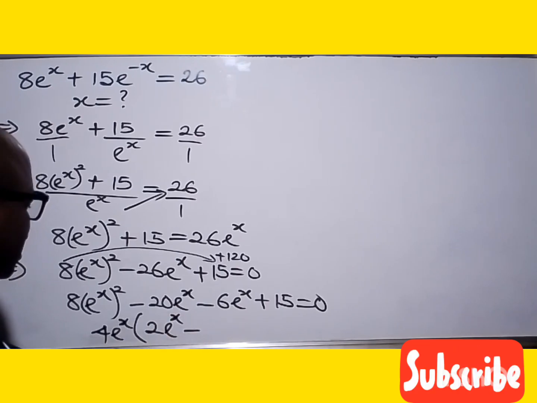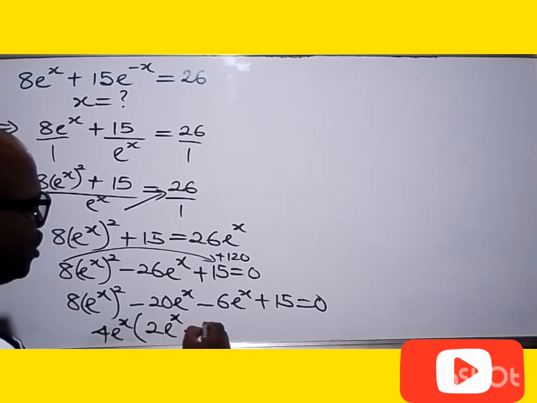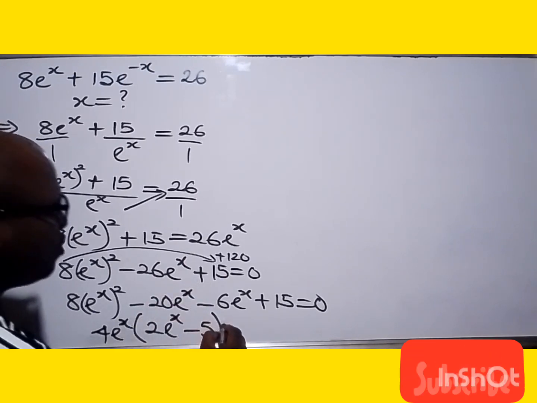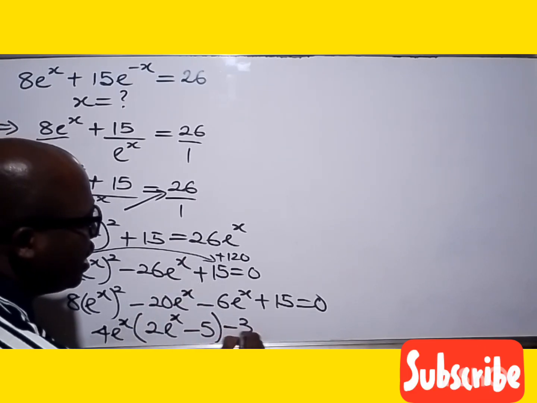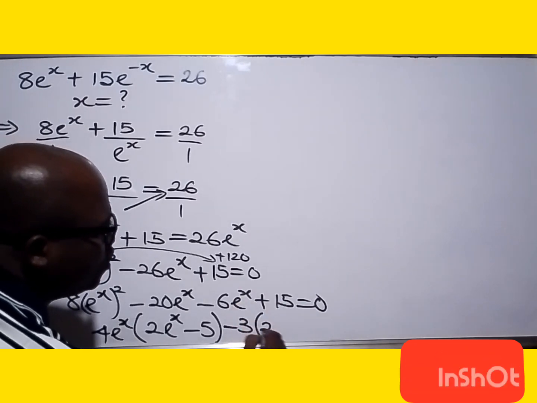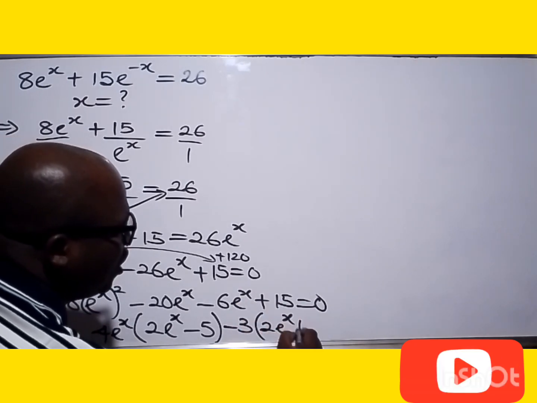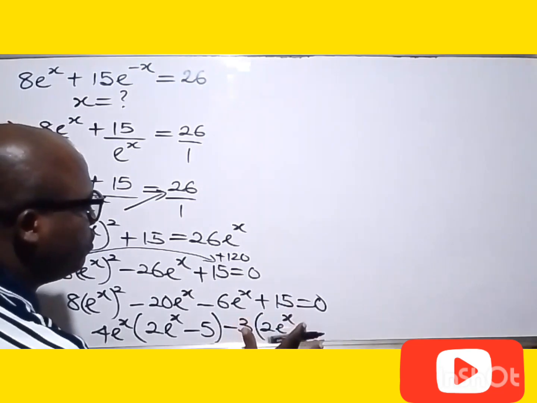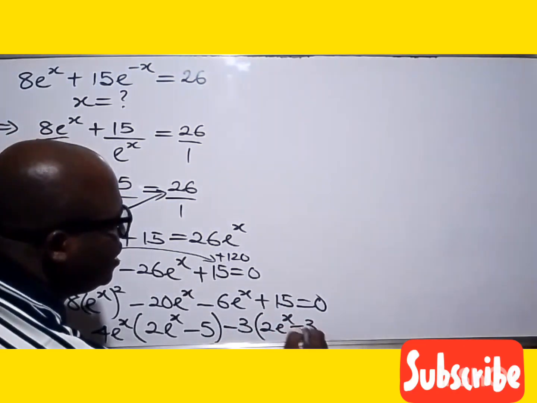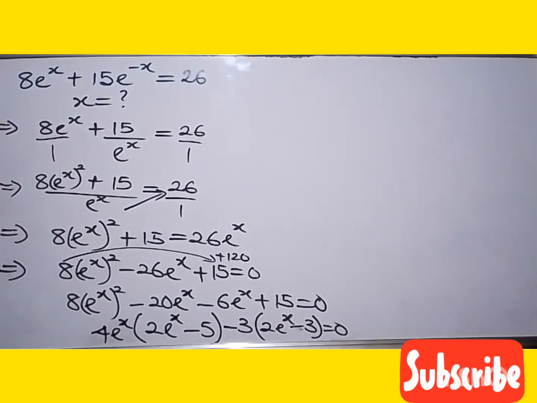Then minus. We have taken 4e^x here, that means here we are going to have 5. Then what is common here? 3 can go here. That means we are going to have 2e^x minus 5, then minus 3 is now equal to 0.